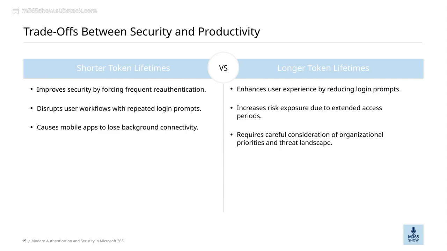Conversely, shorter token lifetimes enhance security by limiting how long a token can be used, but they may cause inconveniences, like mobile apps losing background connectivity or users having to log in more often. Ultimately, it's about weighing these factors, balancing security needs with user productivity, to find the optimal approach for your organization.